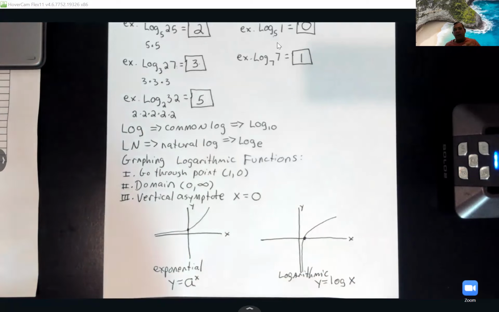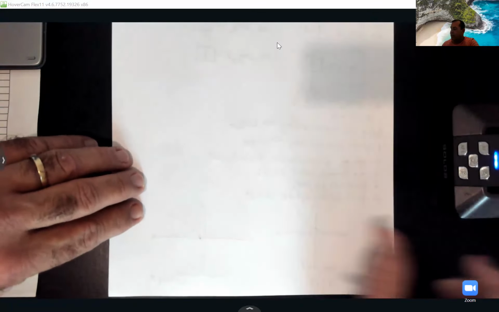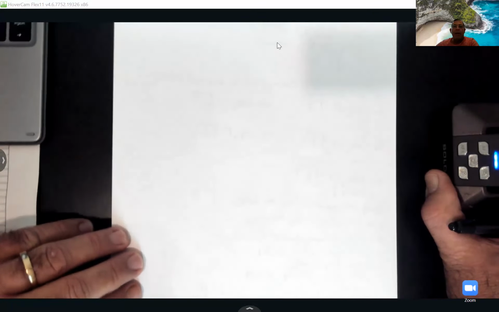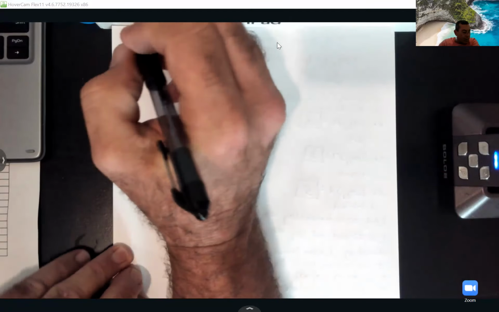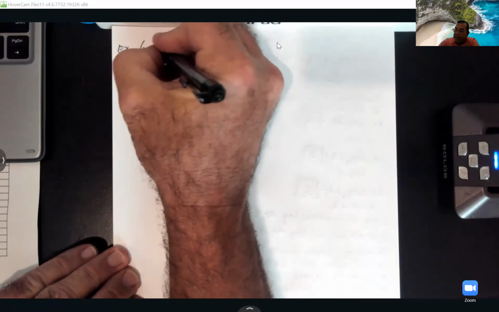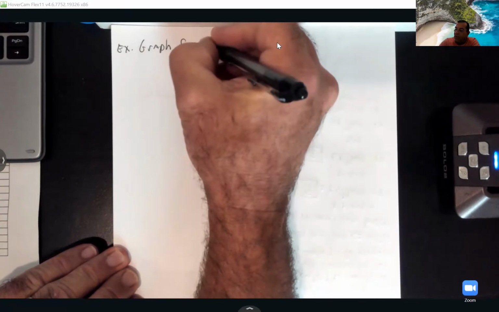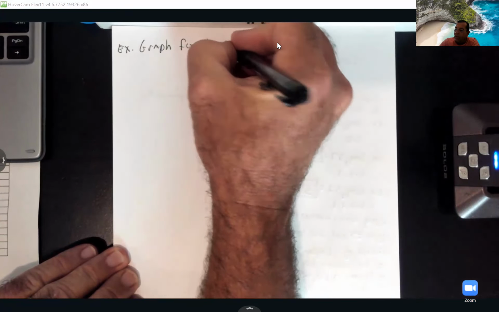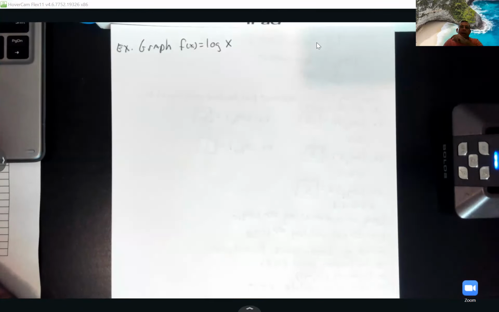All right, y'all. I'm going to show you some of these on the calculator real quick. We don't have to physically graph these; you're just going to pick out a picture of them, okay? So they want us to graph f of x equals log of x. Let me share my calculator.